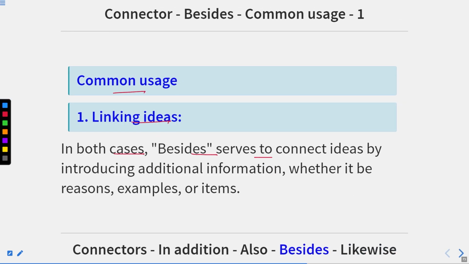Common usage, linking ideas. In both cases, besides serves to connect ideas by introducing additional information, whether it be a reason, examples, or items. Now, whether as an adverb or preposition, besides serves the same purpose in both cases: it only introduces additional information, whether it is a reason or example or the items.